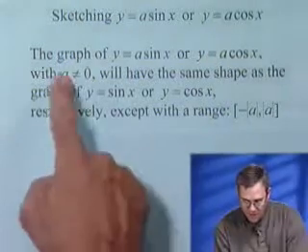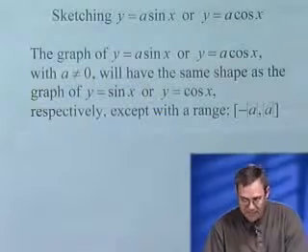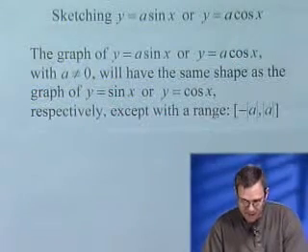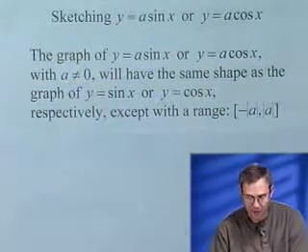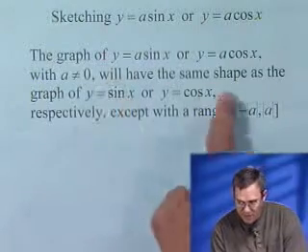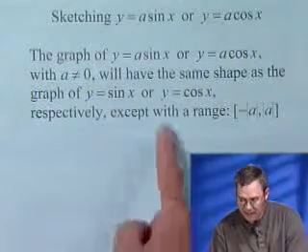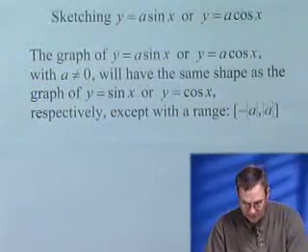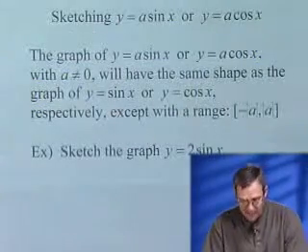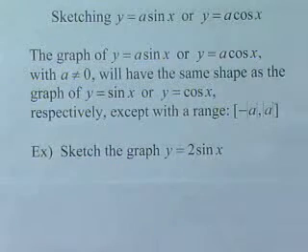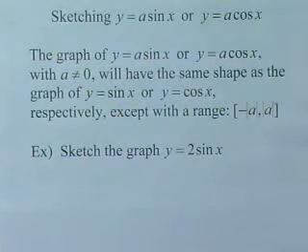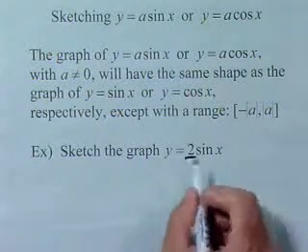It says the graph of y equals a sine x or a cosine x, with a other than 0, will have the same shape as the graph of sine x or cosine x respectively, except the range is going to be a little bit different. Okay? For example, let's sketch the graph of y equals 2 sine x. Notice the amplitude here is 2.